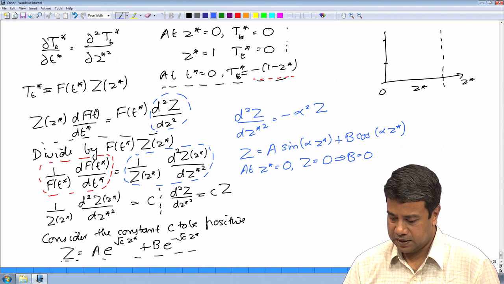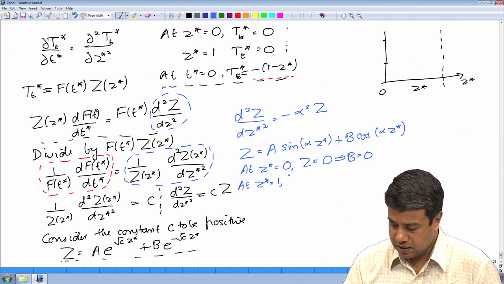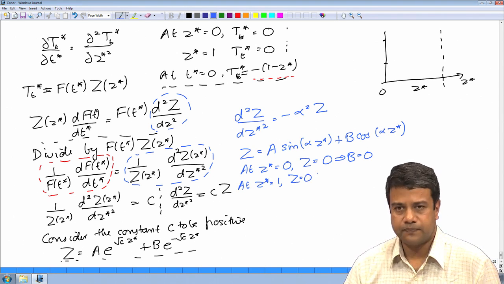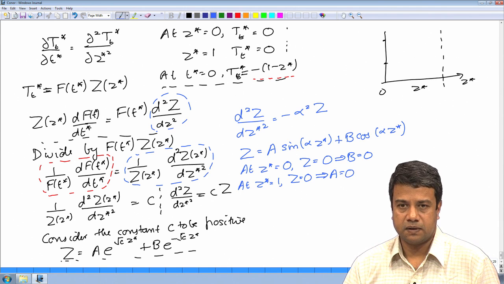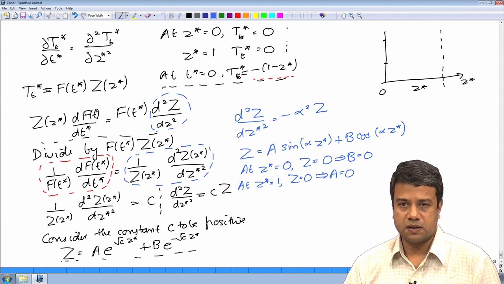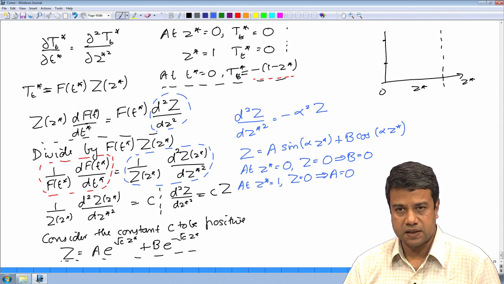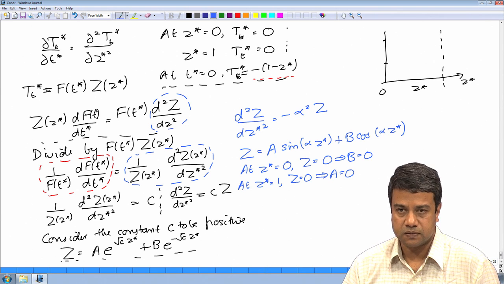At z star equal to 1, capital Z has to be equal to 0. That implies that A equals 0. Or does it? Can I get a solution which is 0 at z star equal to 1 even if A is not equal to 0? And I can.